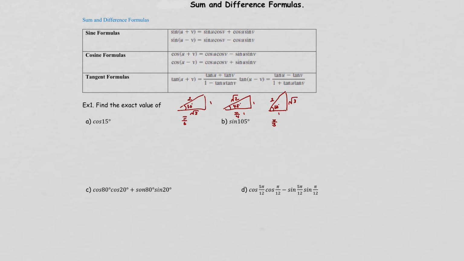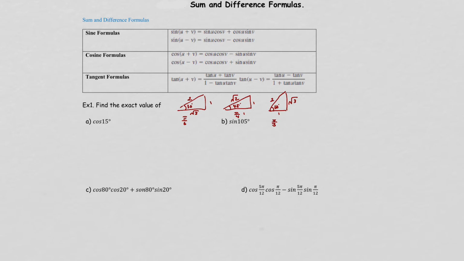Okay, so let's look at the first problem and see how we're going to solve this problem using the sum and difference to find exact value. First, we need to remember again the 30 degree, 45 degree, and 60 degree measurements if you're not going to memorize the table.